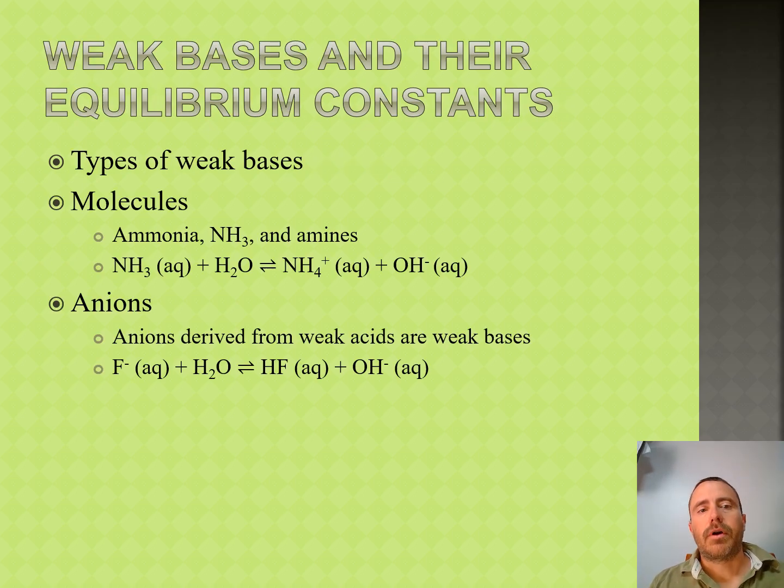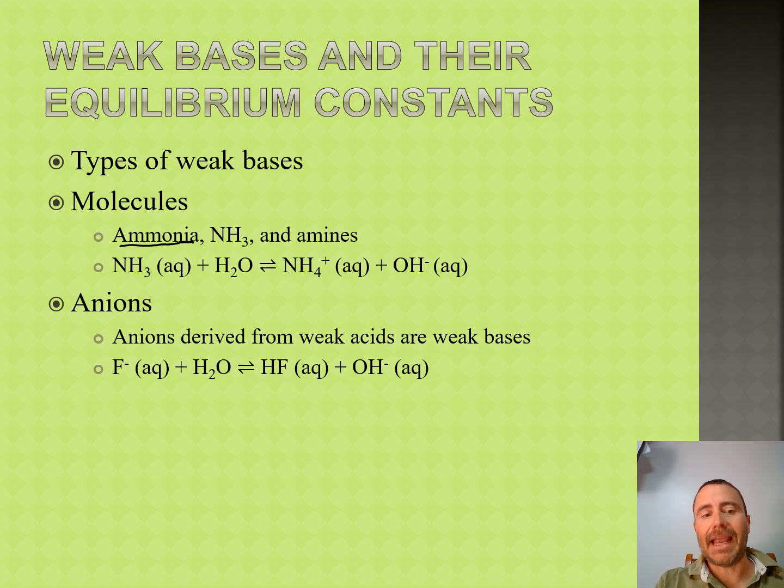So just like for our weak acids, where we had those acids that had an ionizable hydrogen out in front, or it could have been a cation, here our weak bases can be either molecules, and our main one that we're going to focus on is ammonia. Other amines, which are things that have nitrogens and hydrogens in them together, but ammonia is the one we're going to focus on probably almost exclusively as our molecule.